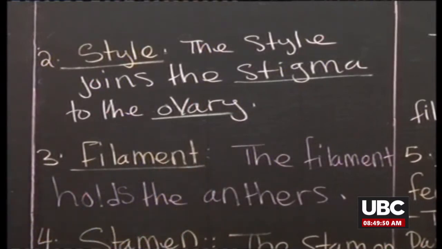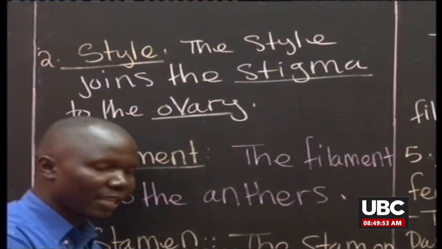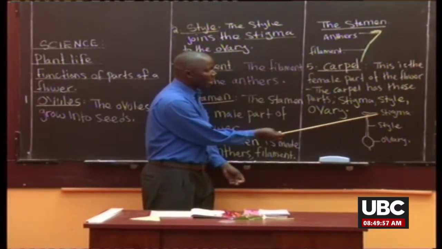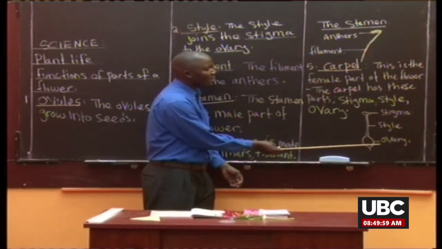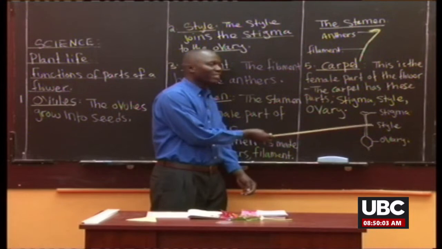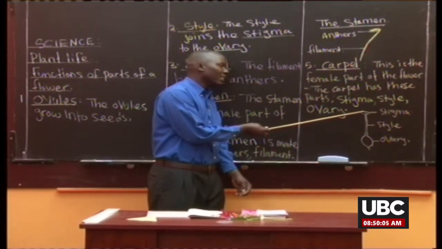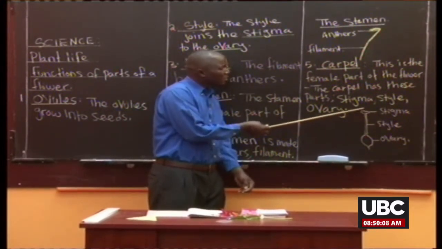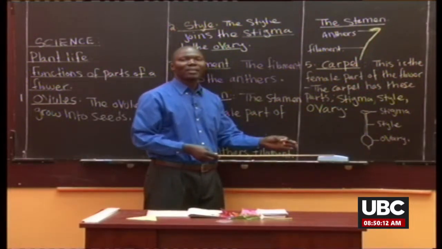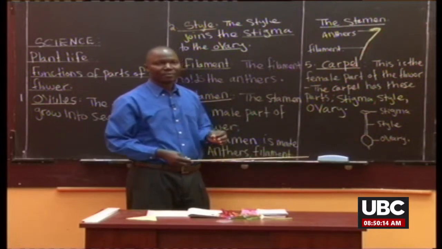If you carefully follow my diagram here, I have the stigma up and then the ovary down. In between there, I have the style. That tube joining the stigma to the ovary, through which pollen moves, is the one we are calling the style.